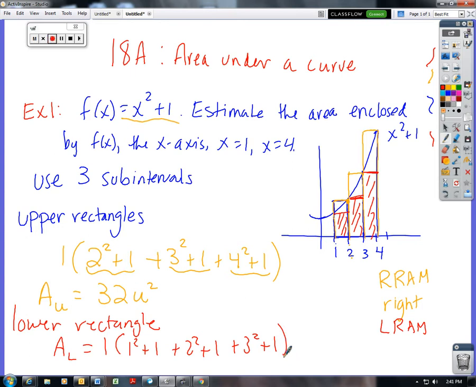If you calculate that, you should get 17 units squared. So the real area, the actual area, is between those two estimates. So I could write over here, area sub A for actual is going to be less than 32 and greater than 17.